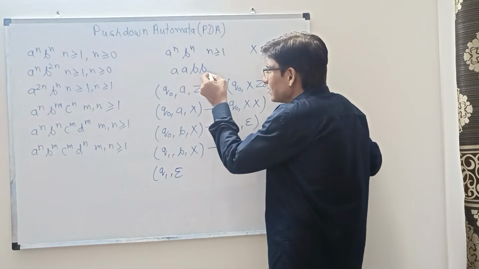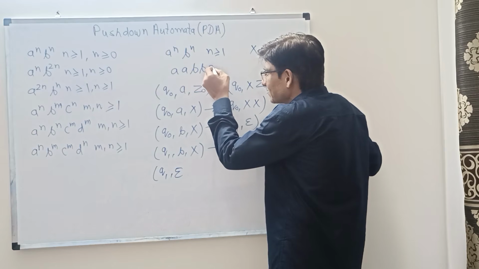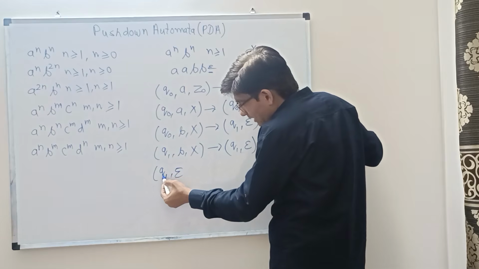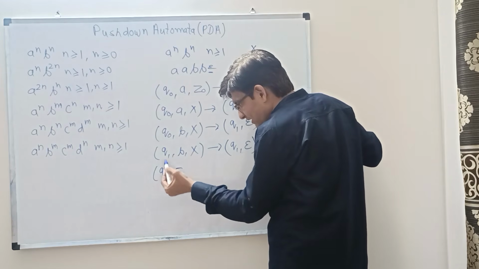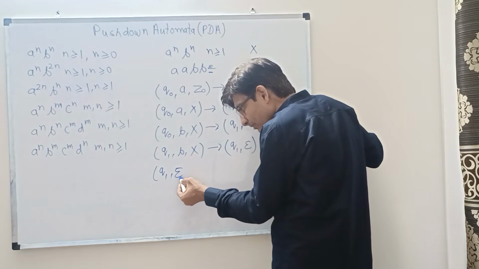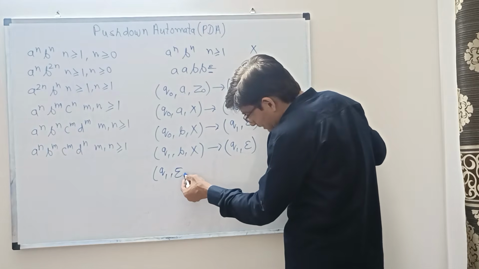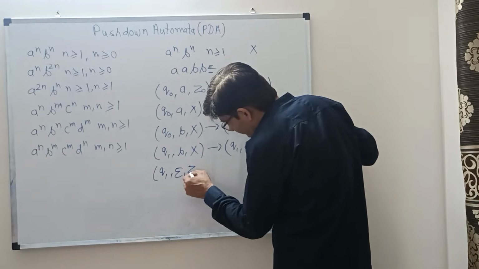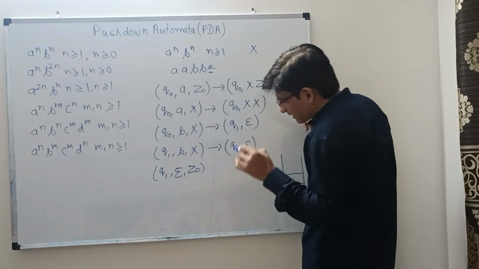So now in the next transition, you will read epsilon here. In Q1, for a valid string, you are reading epsilon, and in that case Z0 must be the stack top.